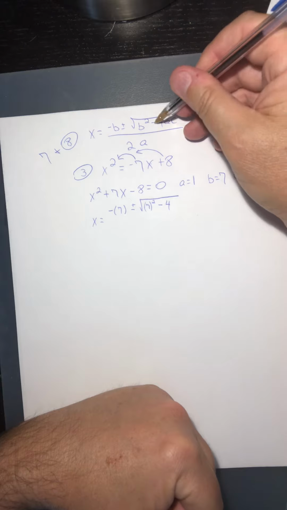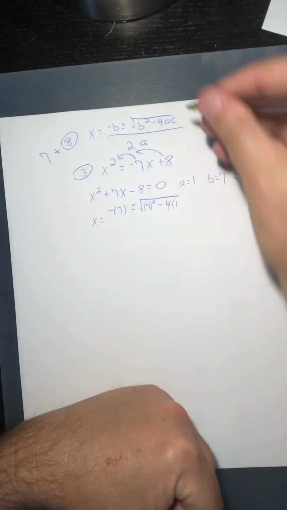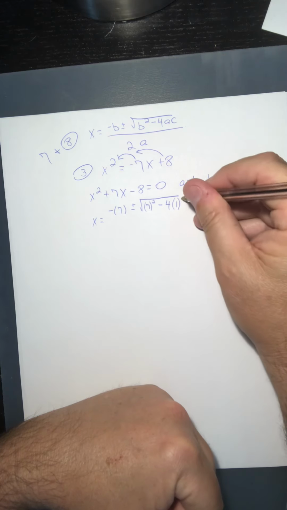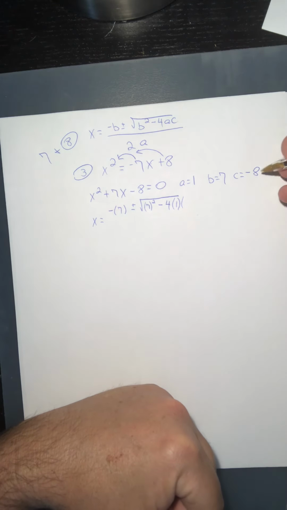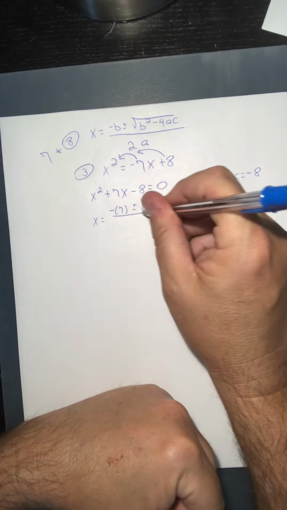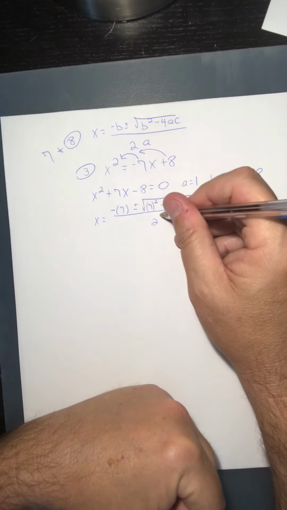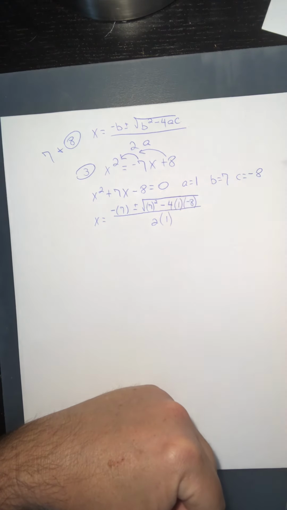Remember, your minus 4 is part of your formula. It's always going to be there. My A is 1. My C is negative 8. And all of that is going to become 2 over 2 times whatever my A is, which is 1.